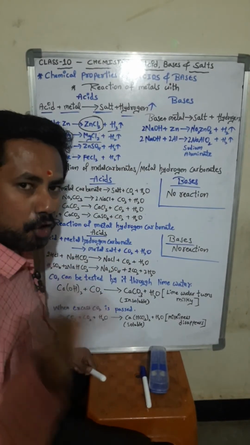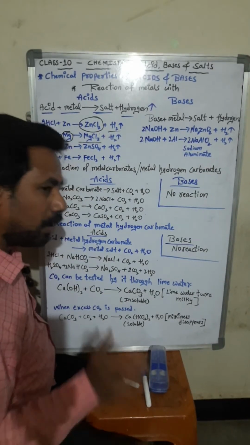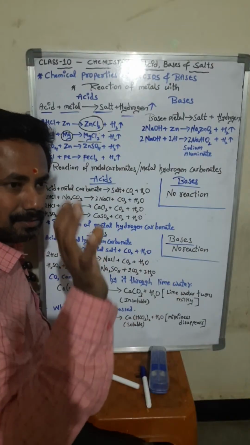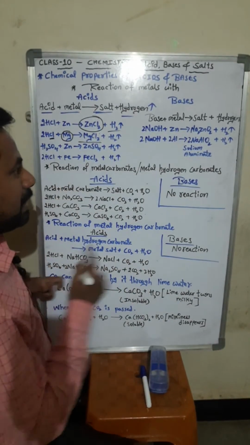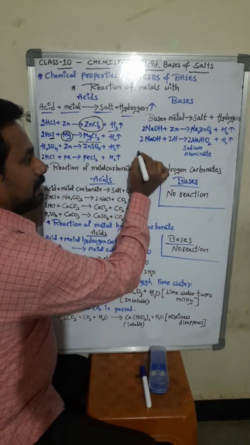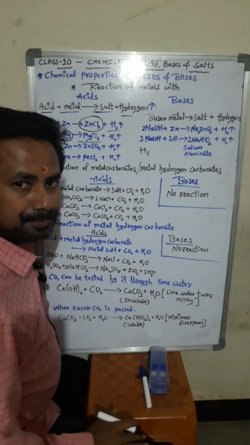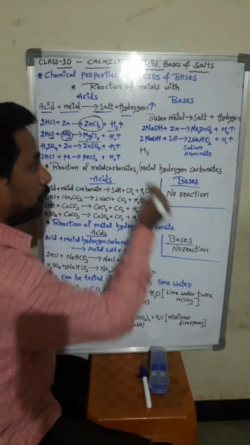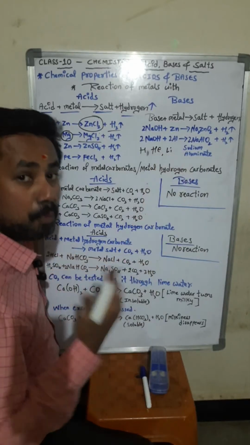Sometimes I am telling formula, sometimes I am telling symbol. So you have to understand how we represent elements. Elements we have to represent in symbols. Hydrogen symbol is H. Hydrogen, helium, lithium, these are symbols.